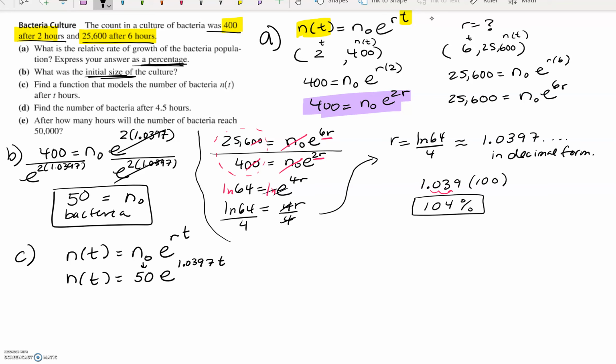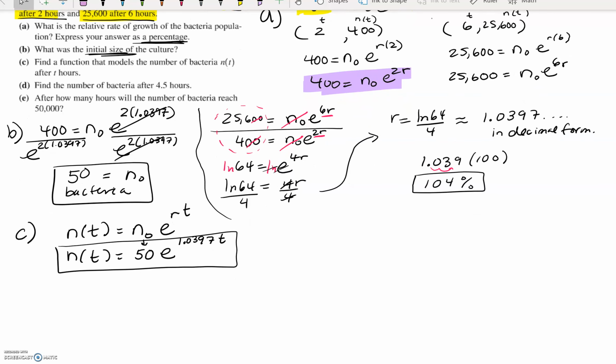Or if you wanted to look at that in terms of the growth factor, something with that big a relative growth rate is a big growth. Let's manipulate some exponents there. I could think of that as 50 e to the 1.0397 raised to the t, because if I raise a power to a power, I multiply the exponents.